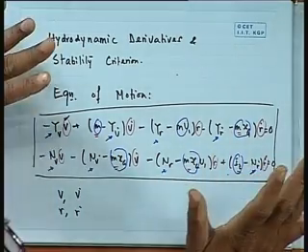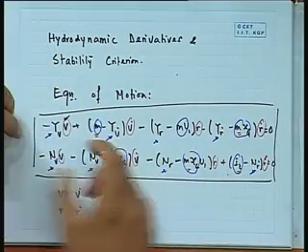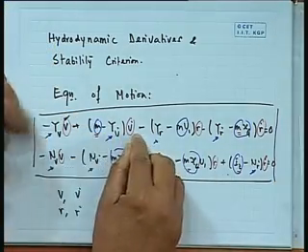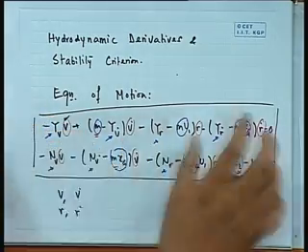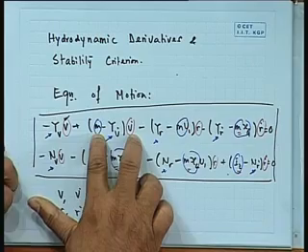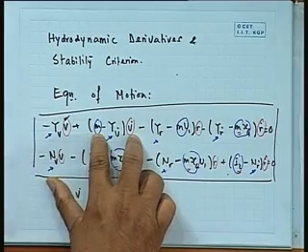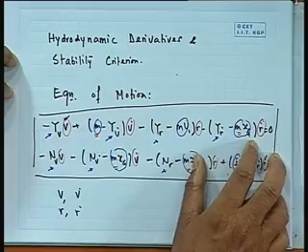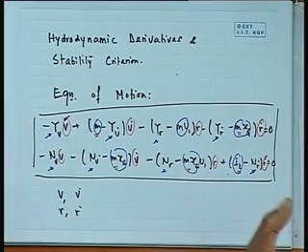Remember that all of them must have the same dimension. So, m into v dot is mass into acceleration, which is the unit of force. Therefore, all of them, Y_v and so on, should have the unit of force.